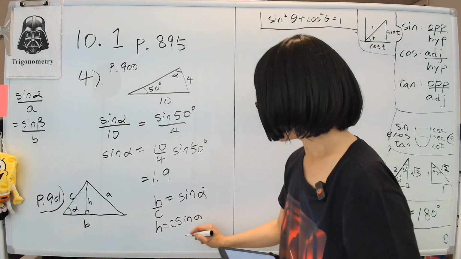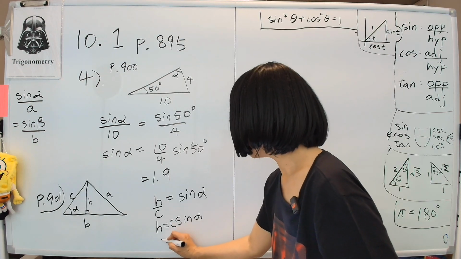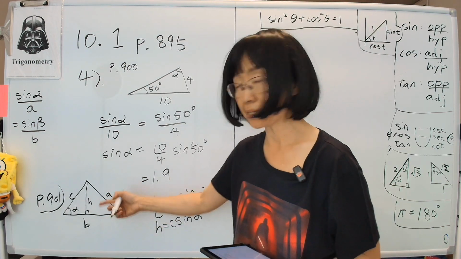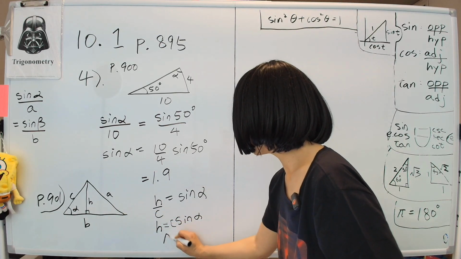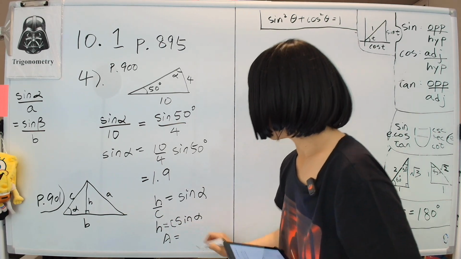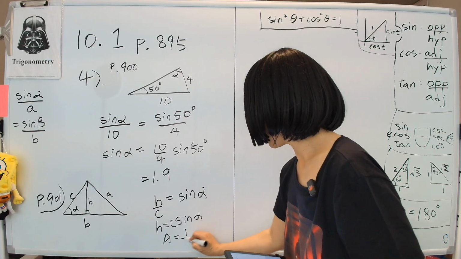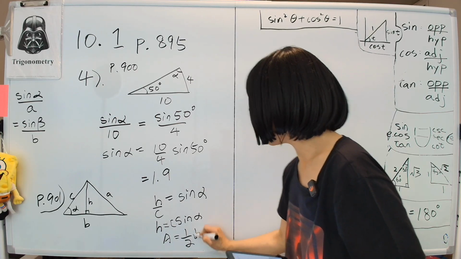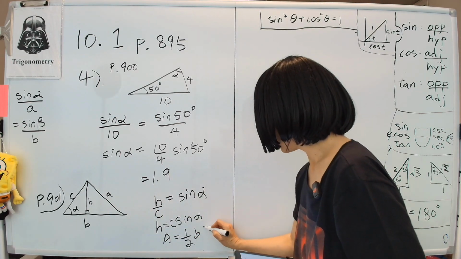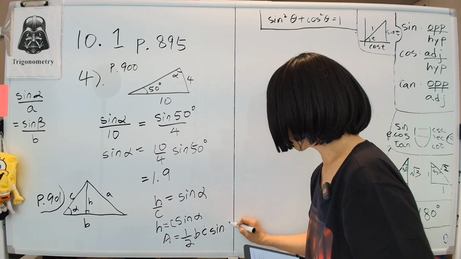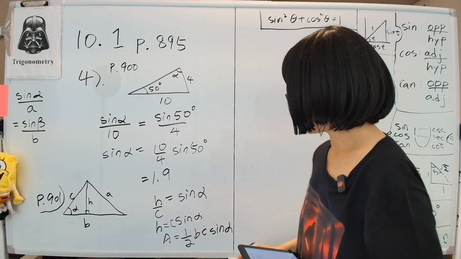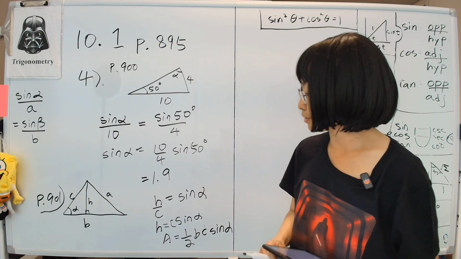So then the area of the triangle would be equal to base times height over 2. Okay, so the area, I'll write down A for area, equals 1/2 the base, which is b, times height h, and we can write h as c sine alpha. And that is the area, that's one formula for area of a triangle.